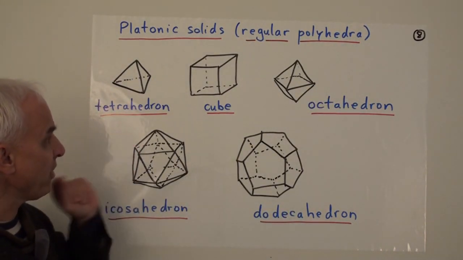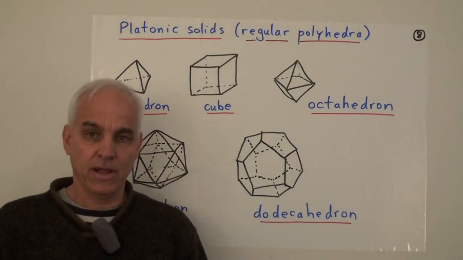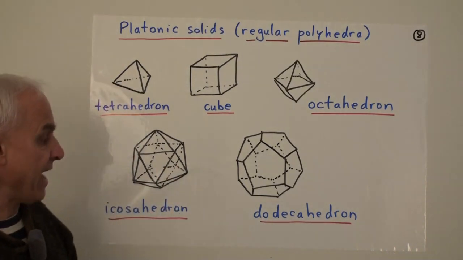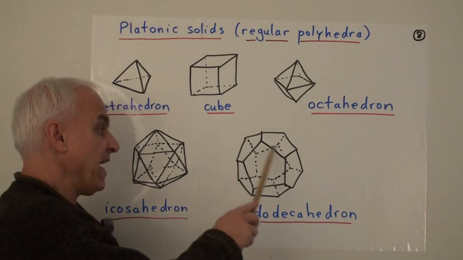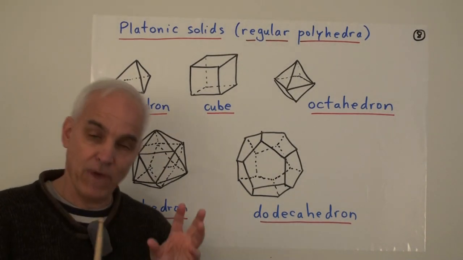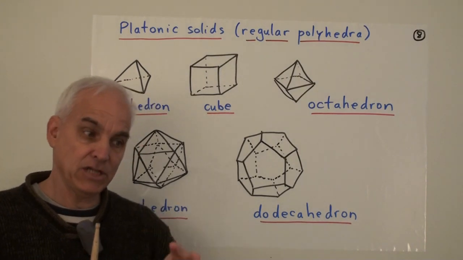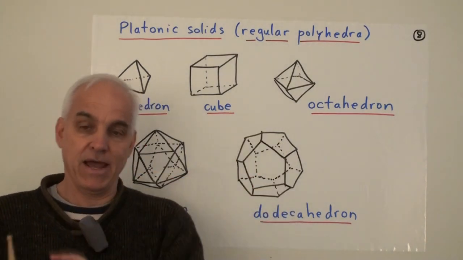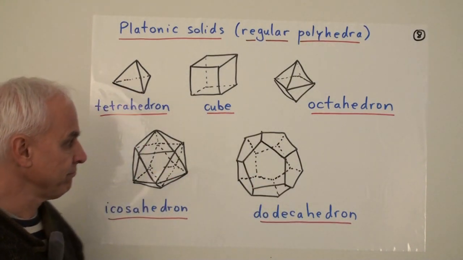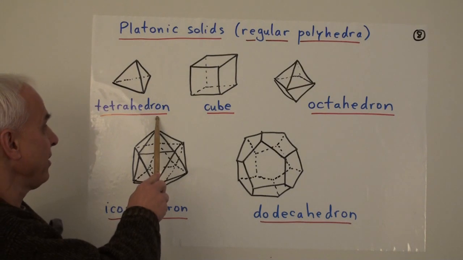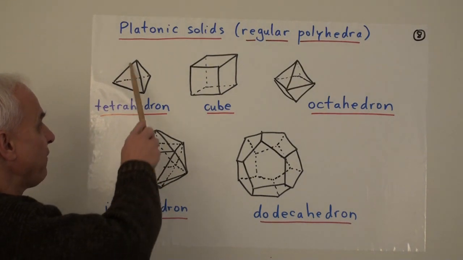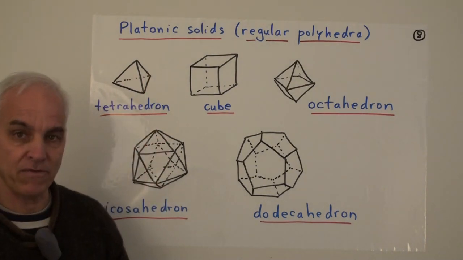And there are 5 regular polyhedra. Regular in this case, it's the analog of a regular polygon, where each of the faces is a regular polygon, and each face looks exactly the same as every other face. There are 5 of them. The tetrahedron, which has 4 equilateral triangle faces.